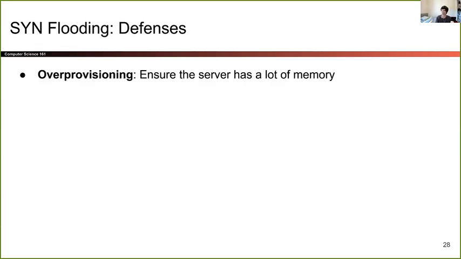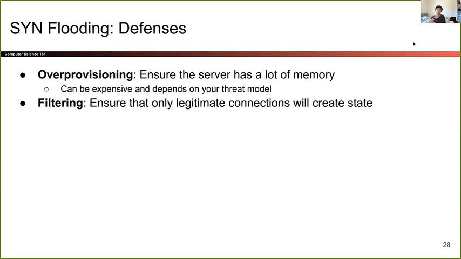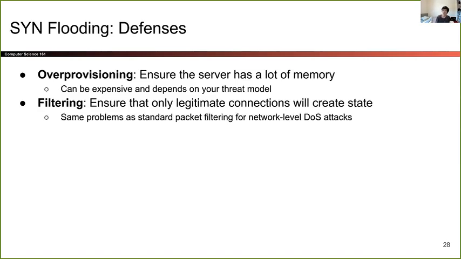Well, we could over-provision. So maybe we just make sure that the server has a lot of memory. This could be expensive, same as before. We could also say, make sure that only legitimate connections are going to create some sort of state. If we receive a bunch of packets that are coming from the attacker, don't allocate state there. Well, this sort of runs into the same problem as standard packet filtering for network level DOS attacks.